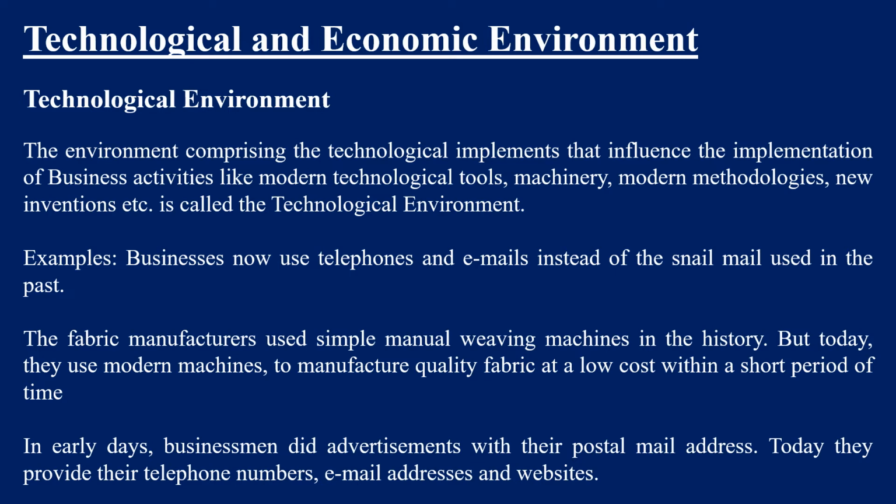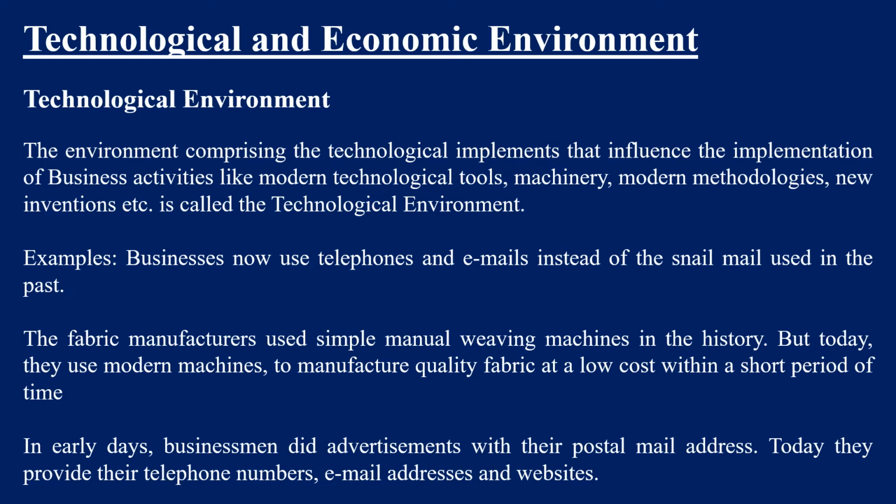But today, there are huge garments employing thousands of people. They are using very advanced machines to manufacture quality clothing. With these advanced machines, they can produce quality clothing at a very low cost and in a very short time period. So this is the benefit of the technological environment.